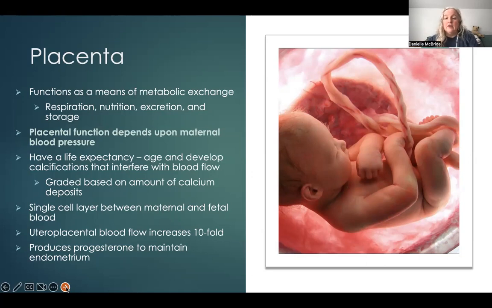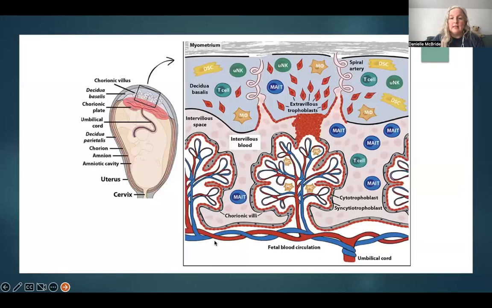The other thing that's really important is that if we look at this picture, which is really busy, what I want you guys to be able to really differentiate here is that you can see where it shows the fetal blood, and you can see where these exchanges are happening. There is not ever a mix between mom's blood and baby's blood.